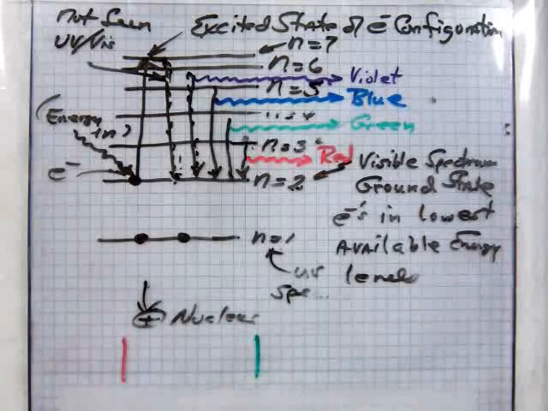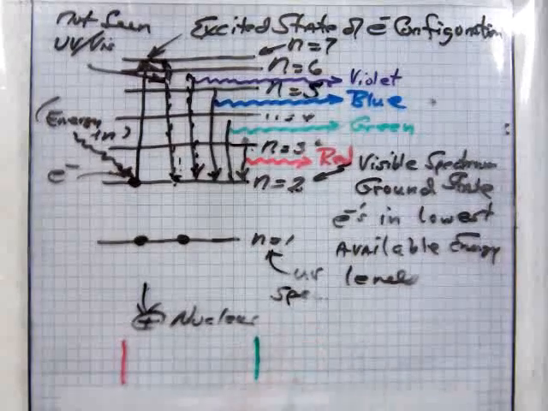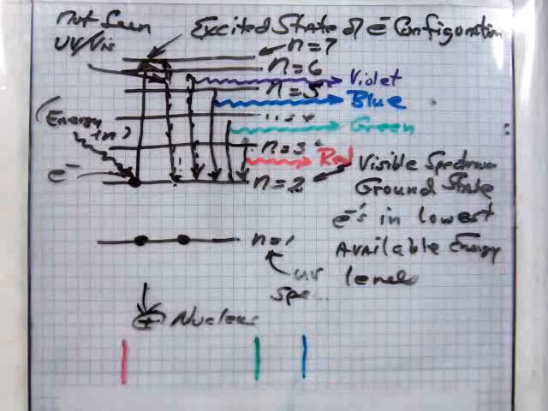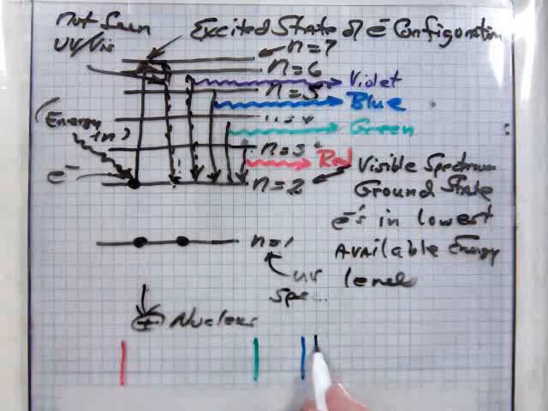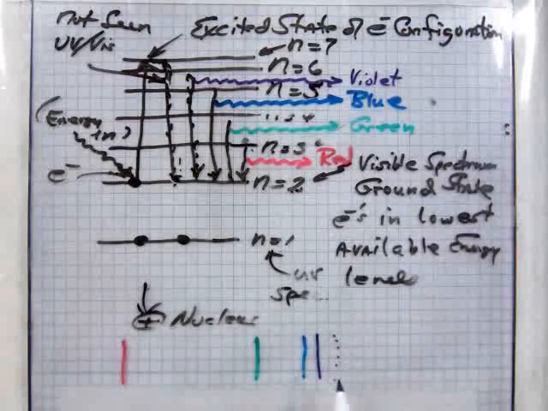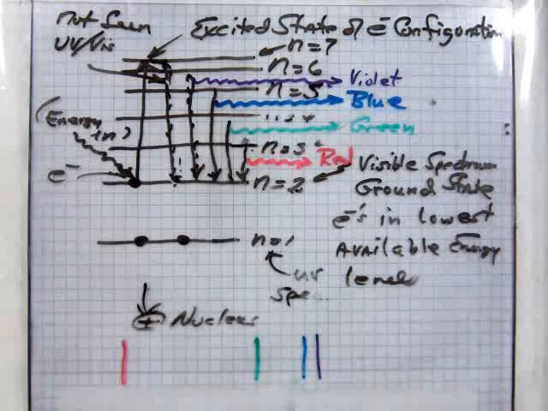Now, blue line, like that, and a little closer in, that violet line. Now again, there is one out here that's a 7 to 2 transition, but you can't see that one. It's just invisible to the naked eye.